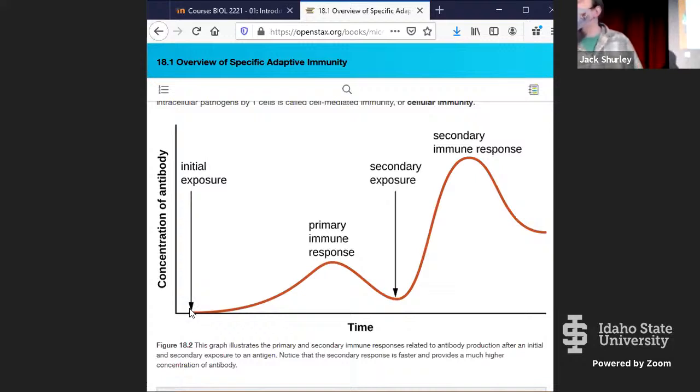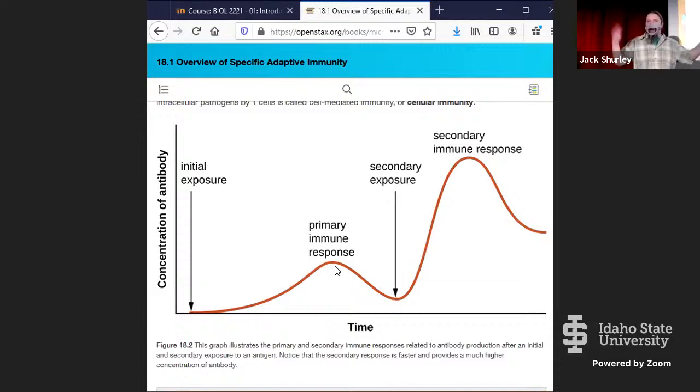to some foreign substance. This could be the real deal, a real bad guy, or it could be a vaccination, right? One way or another. So with this initial exposure, you see the production of an immune response. There's another figure that shows the immunoglobulins IgG and IgM, and what's happening with both of those antibodies over the course of time.